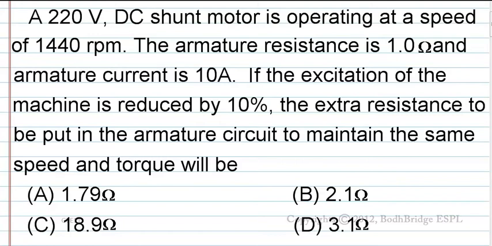If the excitation of the machine is reduced by 10%, the extra resistance to be put in the armature circuit to maintain the same speed and torque will be. Options are A 1.79 ohm, B 2.1 ohm, C 18.9 ohm, D 3.1 ohm.